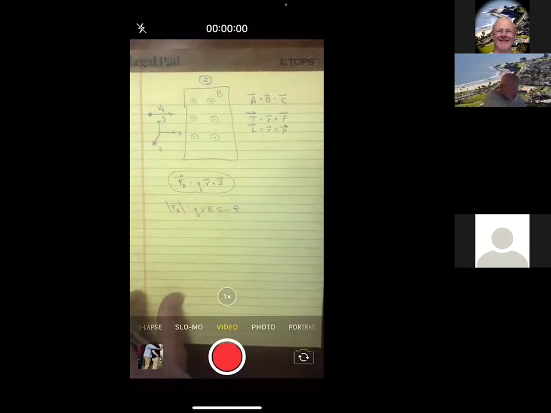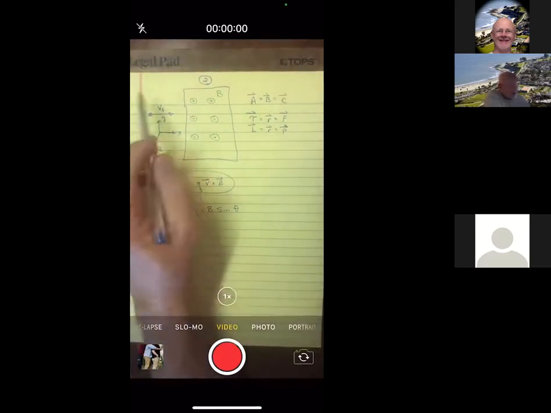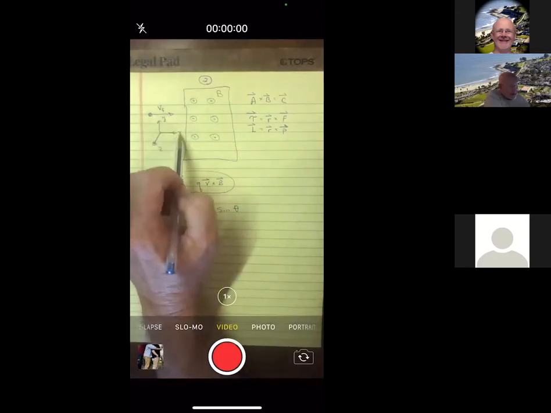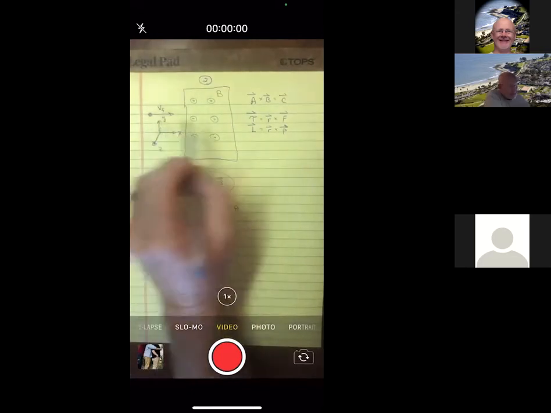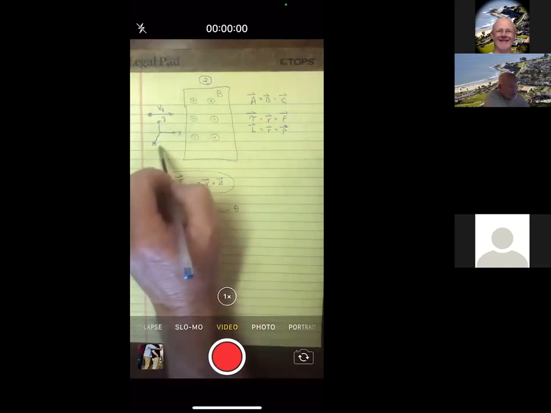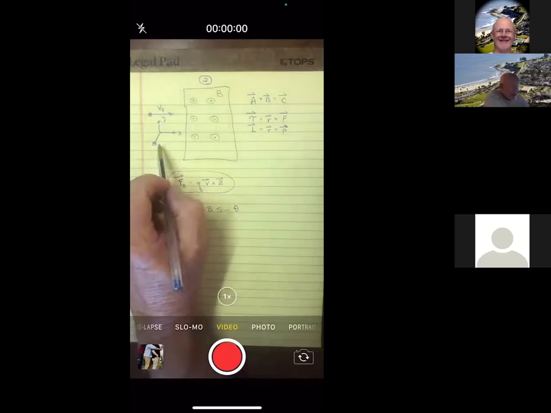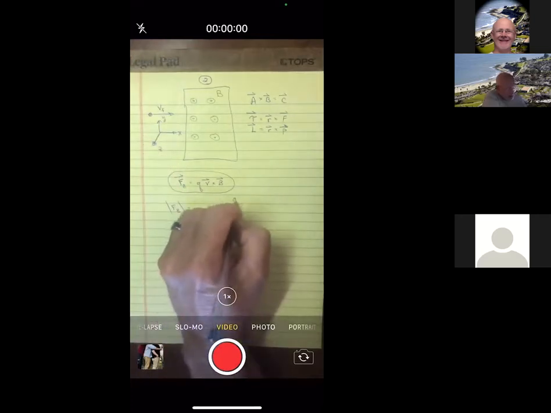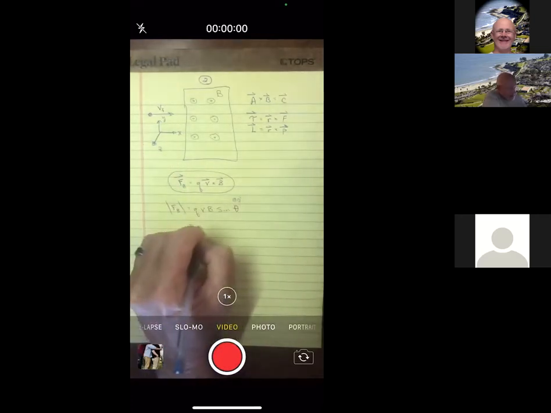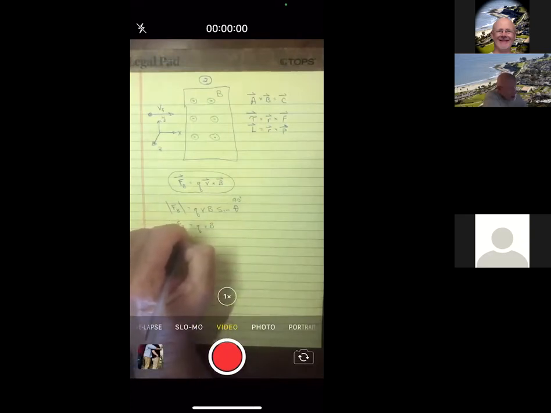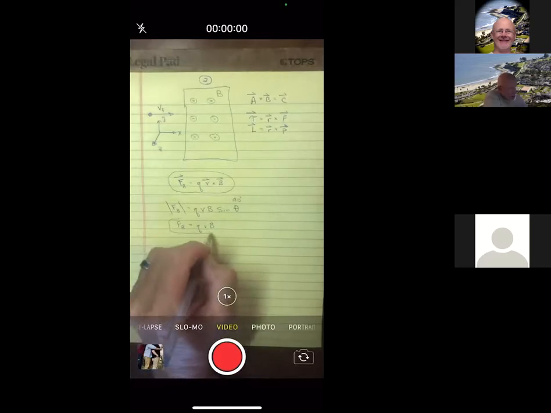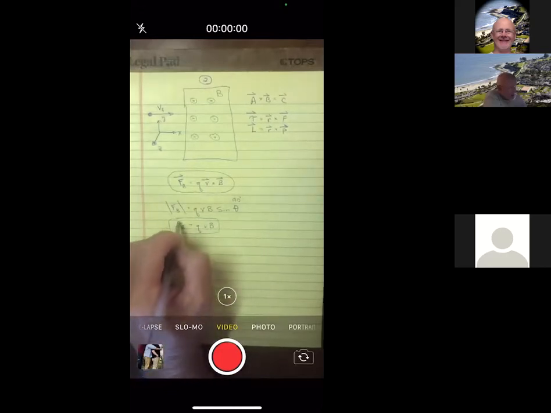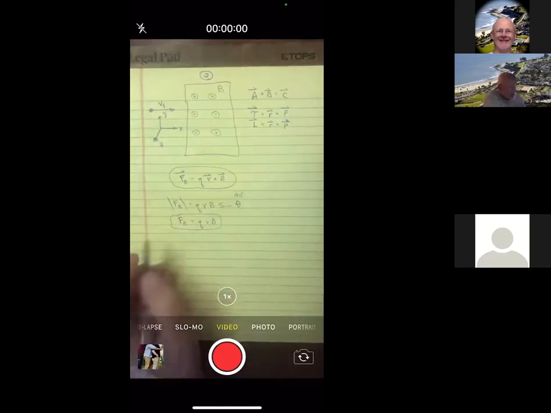My velocity is then in the x direction, and the field in this picture is out of the screen, so it is in the z direction. Those are 90 degrees to each other, and sine of 90 degrees is just 1. So the first thing I'm going to do is get this equation. This would be the magnitude of the magnetic force.